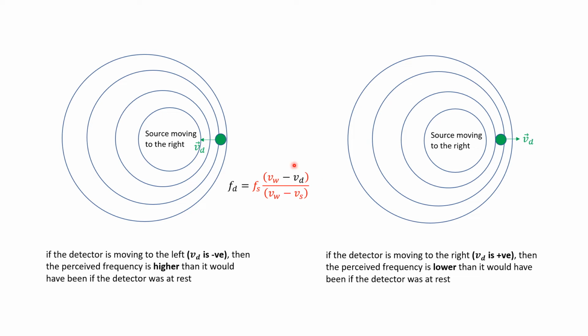The intuition is that when the detector moves to the left, the time between successive wavefronts is lower, which means the frequency is higher. And when the detector moves to the right, the time between successive wavefronts is higher, and so the frequency is lower. If you put VD to be positive and negative, you get the same thing in the equation.